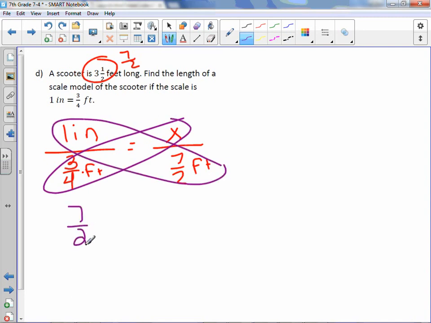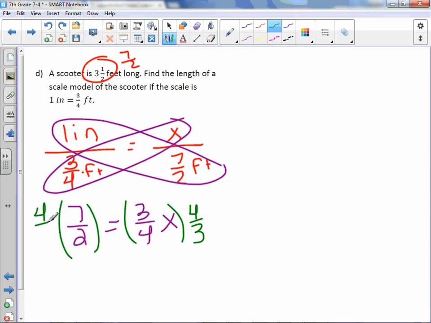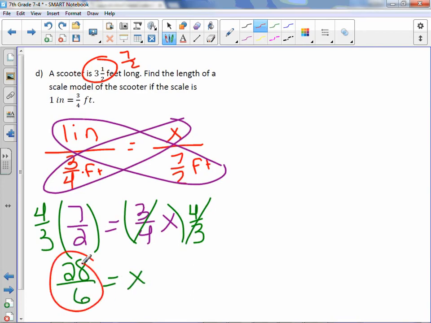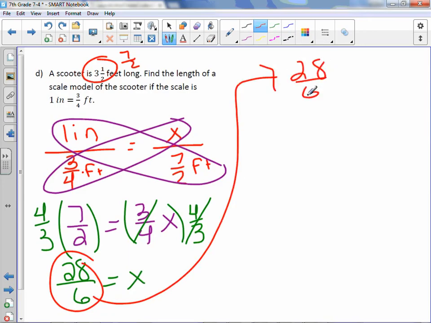We get 7/2 equals 3/4 x. To get rid of a fraction, we multiply by the reciprocal, which is 4/3. And we get 28/6 equals x. Well, let's simplify it here. 6 would go into 28 4 times with 4 left over, which reduces to 4 2/3 inches.